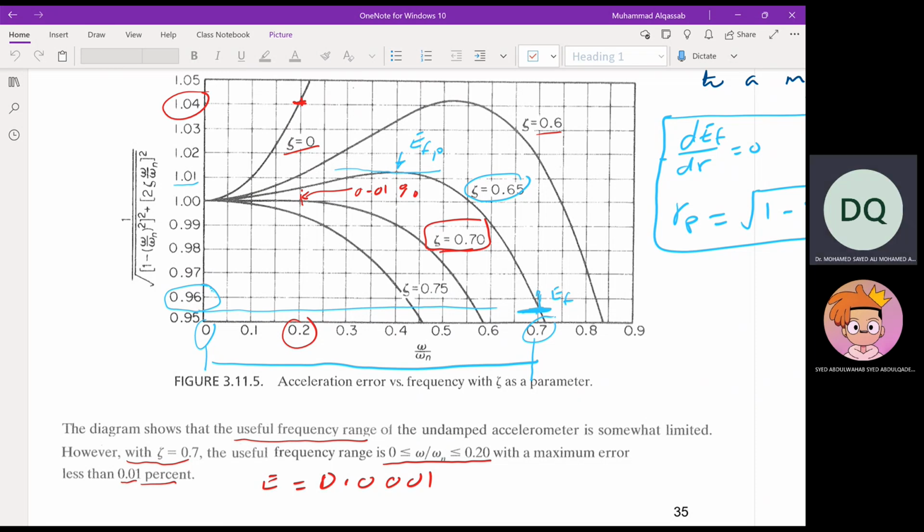That is the error, and this is the deviation from 1. So the error factor will be 1.0001, which is very close to 1, which means that the error is very small.